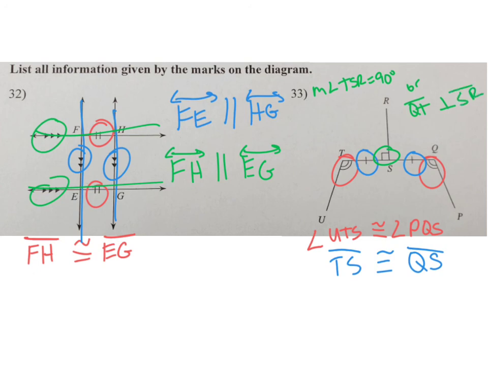Both of those are acceptable. This is the perpendicular symbol. It's kind of like the parallel line symbol. And perpendicular means that both of these would be 90. So you could even say QSR equals 90 degrees based off of this. I think that's the better way to write it, but either way is okay. All right, that's it for Firestarter 18.